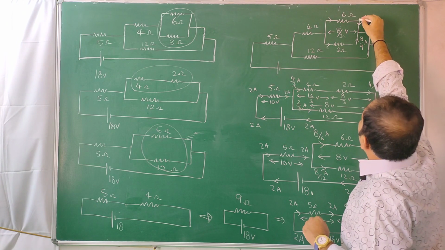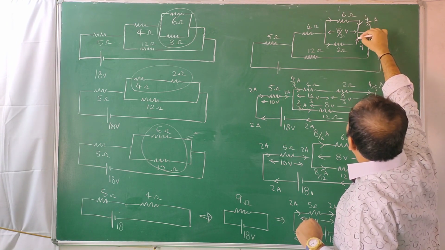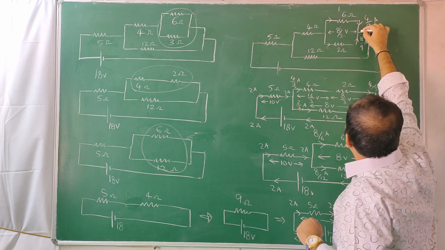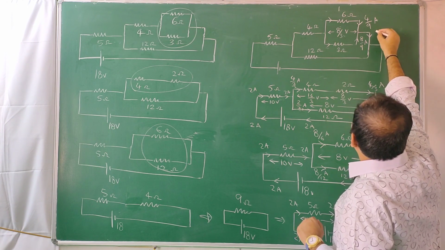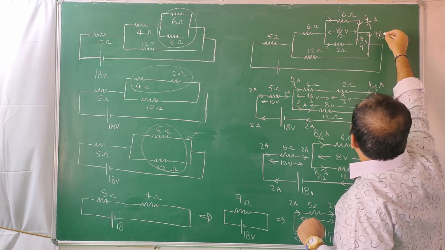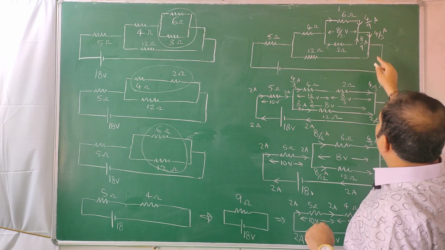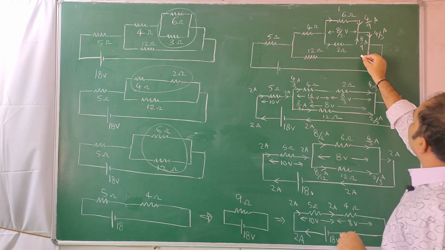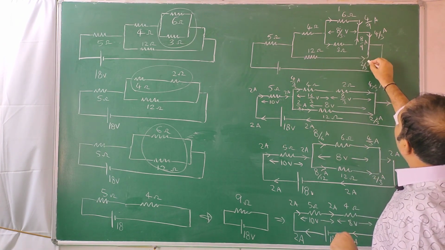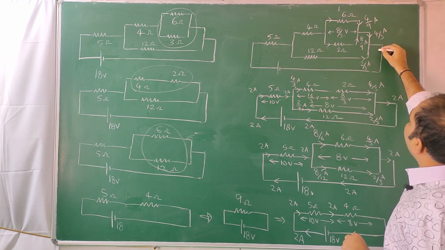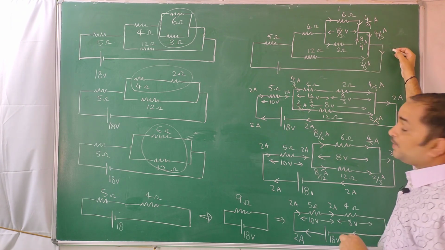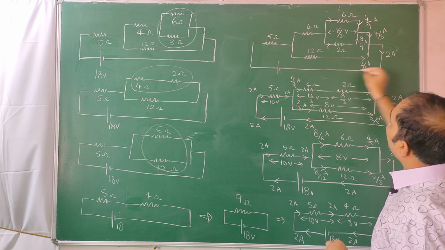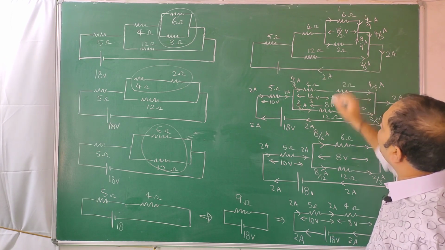So this current coming from here and this rejoins into this as 4 by 3 amps. And this current from here already we know, it is 2 by 3 amps. So this 2 by 3 amps joins with 4 by 3 amps and becomes 6 by 3 amps. 6 by 3 is nothing but 2 amps.